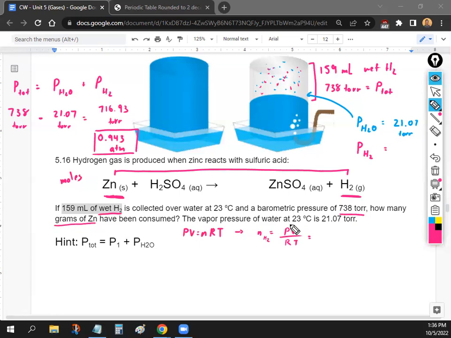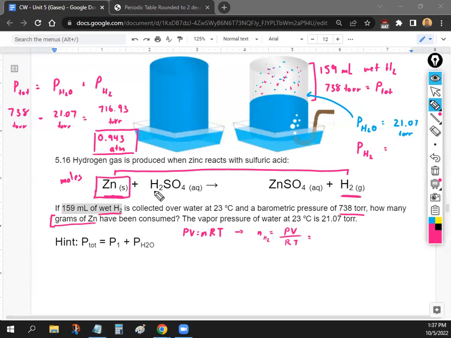We use the ideal gas law because if you look at the question, what we're looking for at the very end is grams of zinc. In order to find grams of zinc, we're probably going to need to use this equation, because we don't have any other information about zinc. Chemical equations are always talking in terms of moles, so this equation is saying that 1 mole of zinc and 1 mole of sulfuric acid produce 1 mole of this and 1 mole of that.